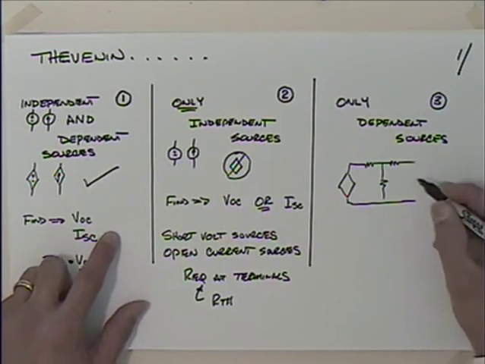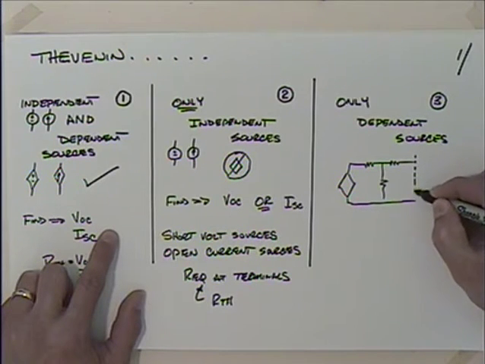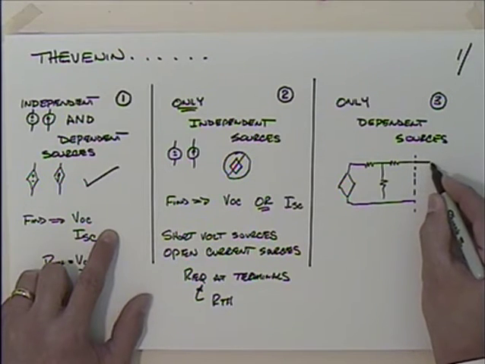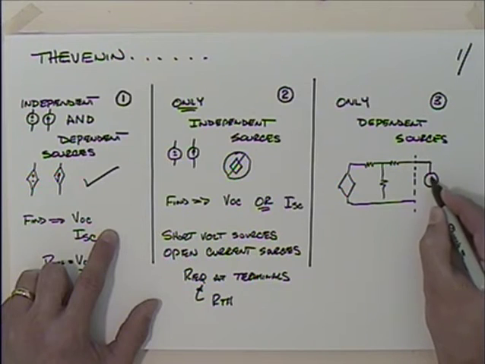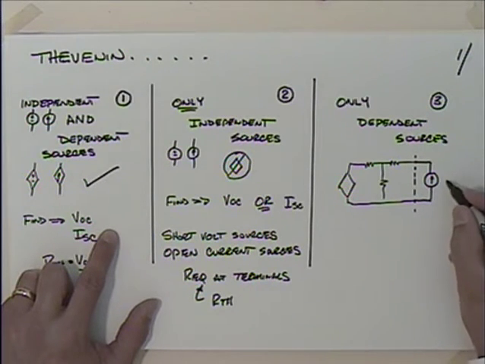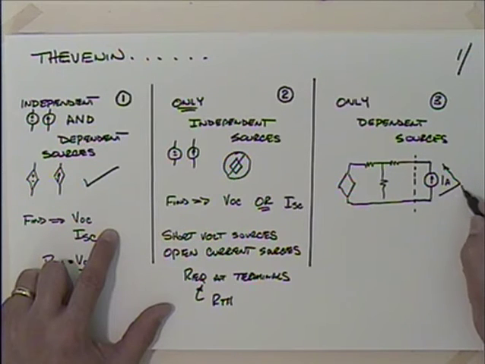Well, what you actually have to do is put a source on here. Maybe we would put a current source on here. And you can just take a current like 1 amp. And with that, you'll find the voltage across here.